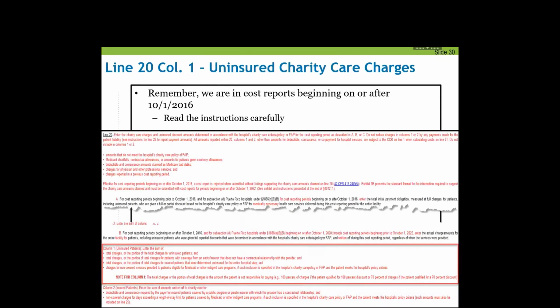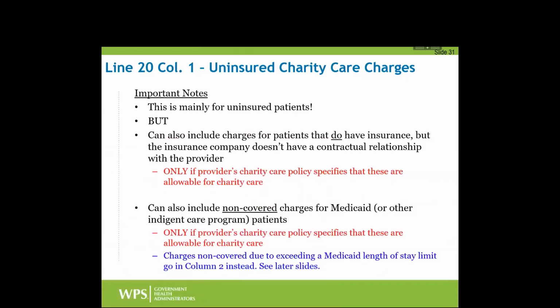So now we need to talk about what actually needs to be reported. Here are the instructions for line 20, but we're going to talk through the different columns and lines. Some of this I went through, but we'll dig into more detail here. Column 1, as I said, is for uninsured charity care, and it's mainly for fully uninsured patients.